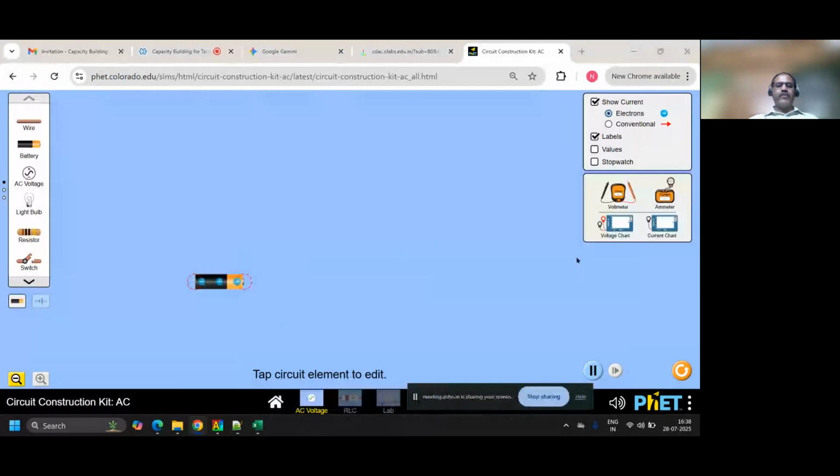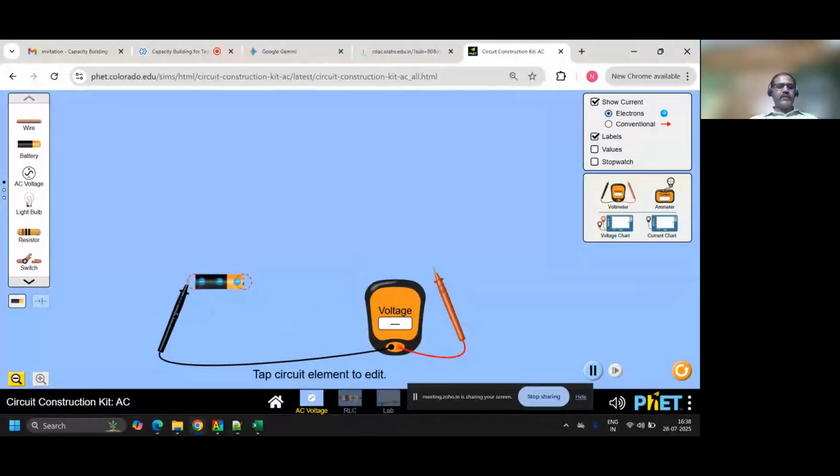To find the voltage, I have a voltmeter with me. Voltage happens between two ends, right? That is the voltage between two ends. So this one battery shows 9 volts.